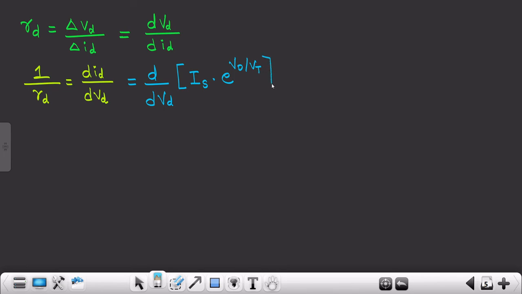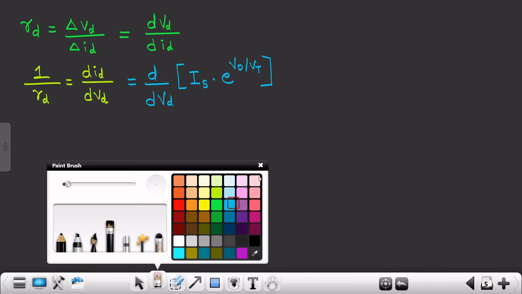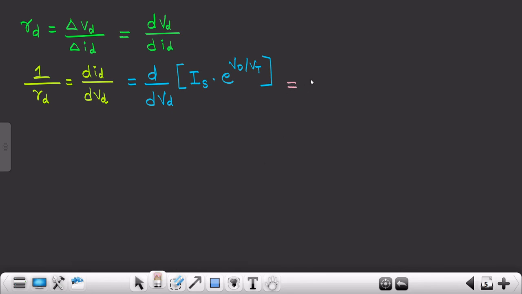As you all know, Is is constant, so it will come out of the bracket, so it would be Is into d by dvd of e raised to vd by vt.